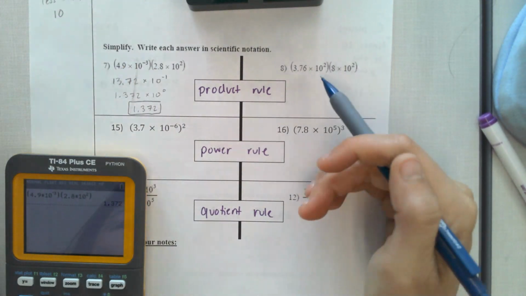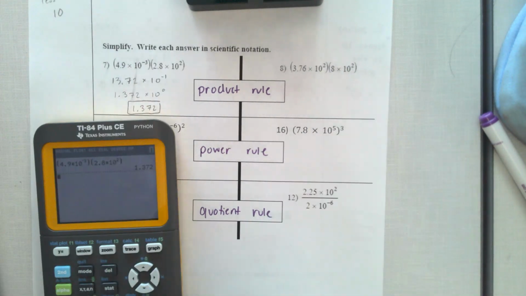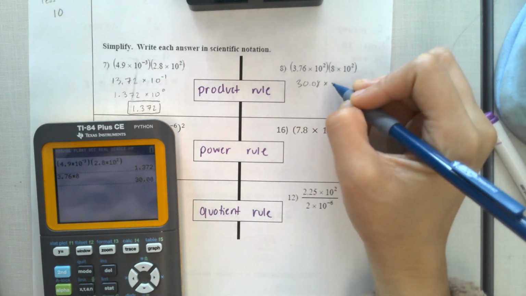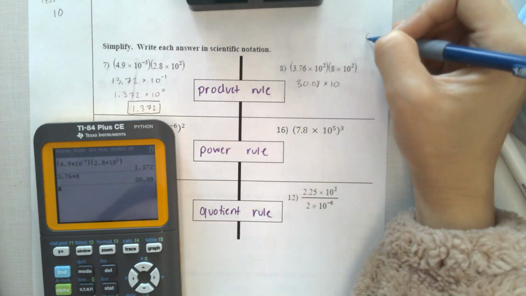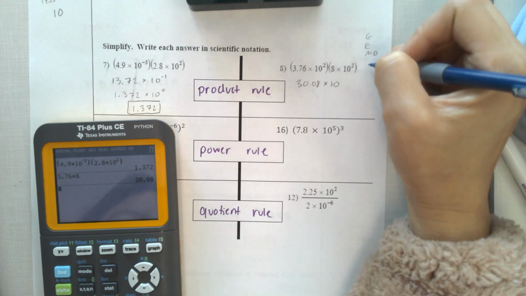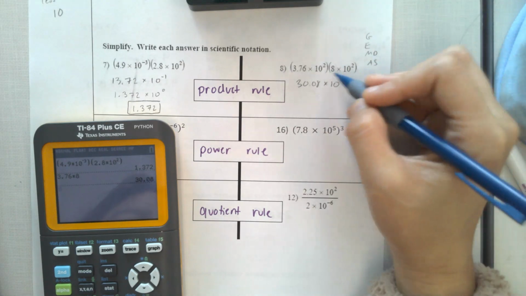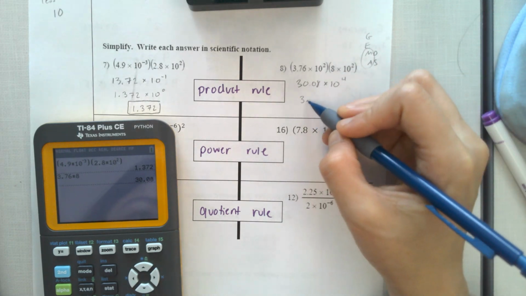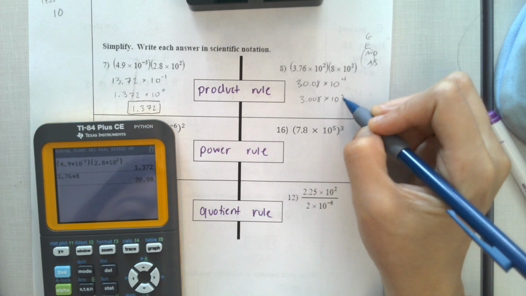All right, let's do this one. 3.76 times 8 is 30.08, and then we need to add the exponents because, right, remember our GEMDAS rule? When we have multiplying exponents, we add them. So 10 to the 4th, but we need to move this over: 3.008 times 10 to the 5th.